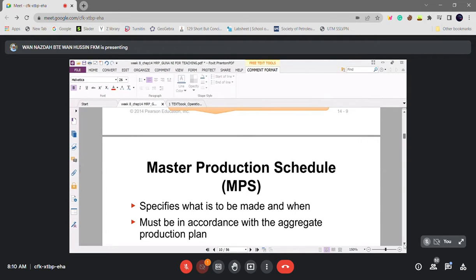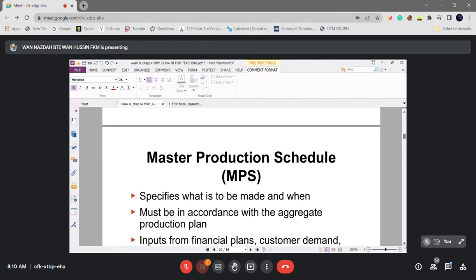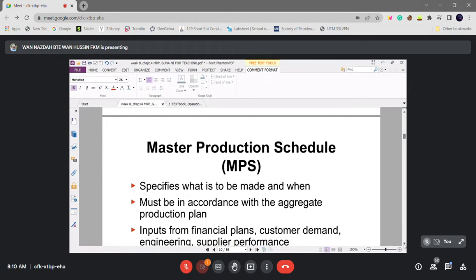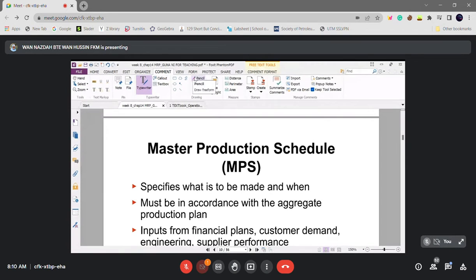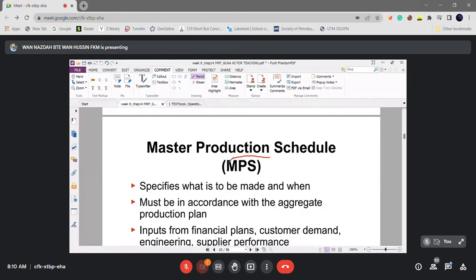And this master production schedule must be in accordance with the aggregate production plan. So the second thing is the aggregate production plan.